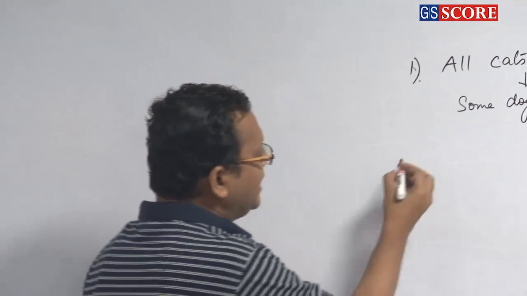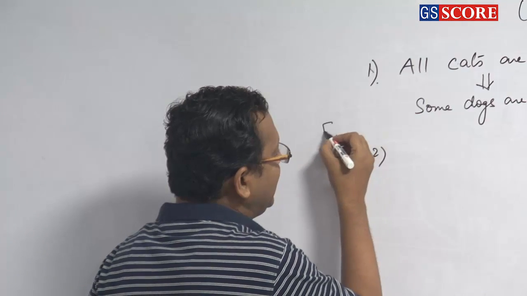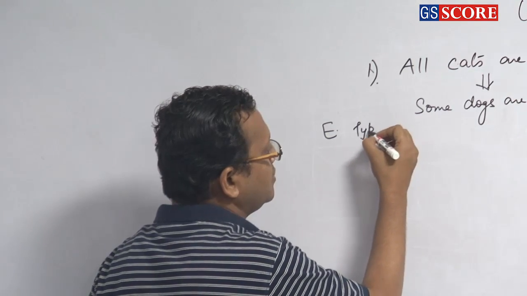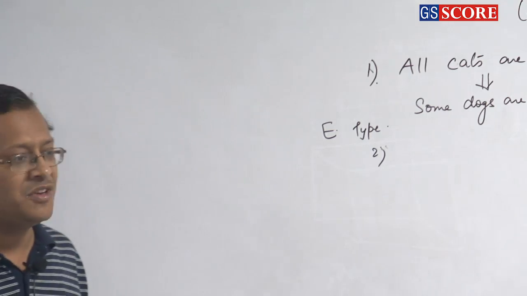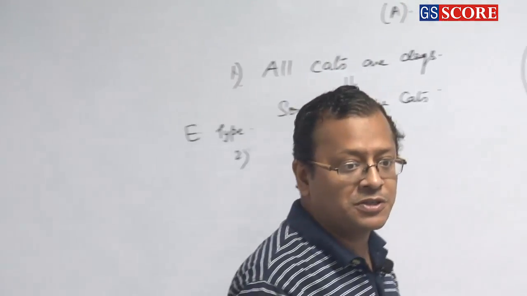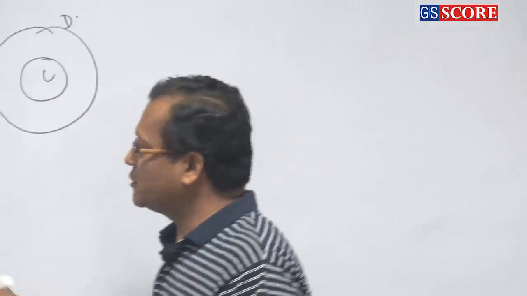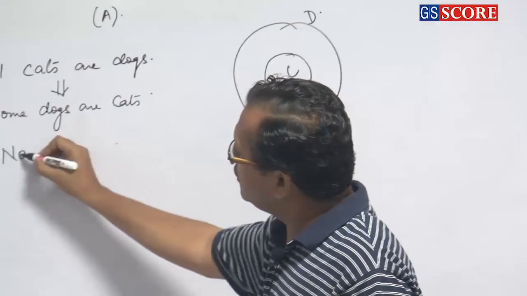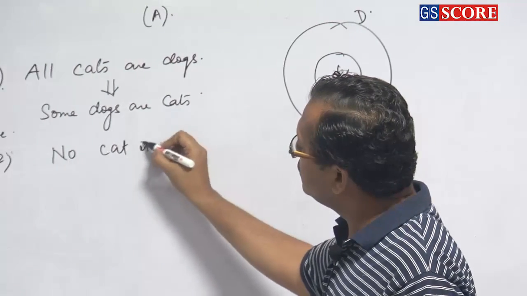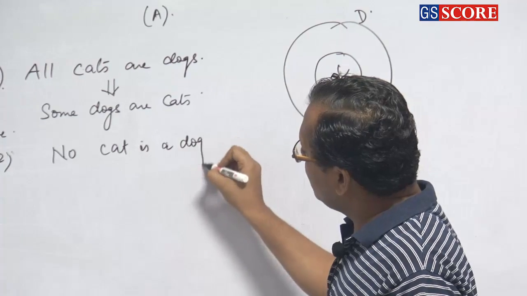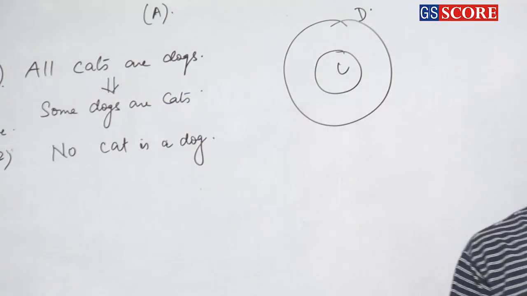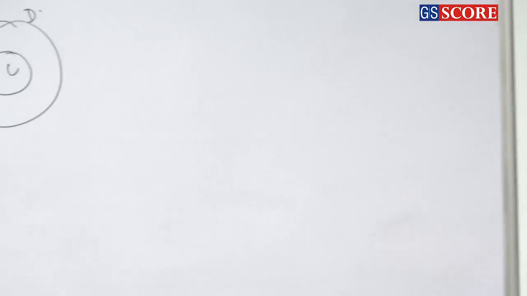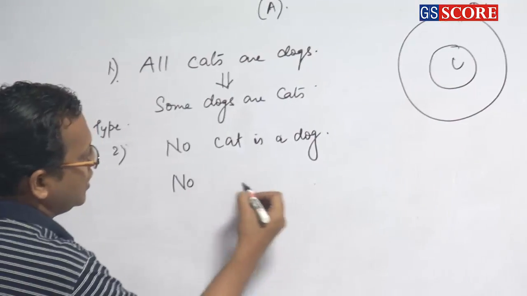Then the second comes, which is an E-type proposition. We call this a universal negative proposition. What is this? No cat is a dog.